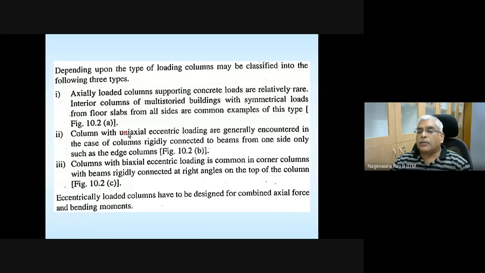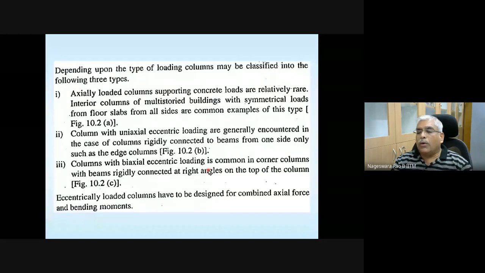Columns with uniaxial eccentric loadings are generally encountered where columns are rigidly connected to beams from one side only, such as edge columns. Columns with biaxial eccentric loading are common in corner columns, with beams rigidly connected at right angles to the top of the column.